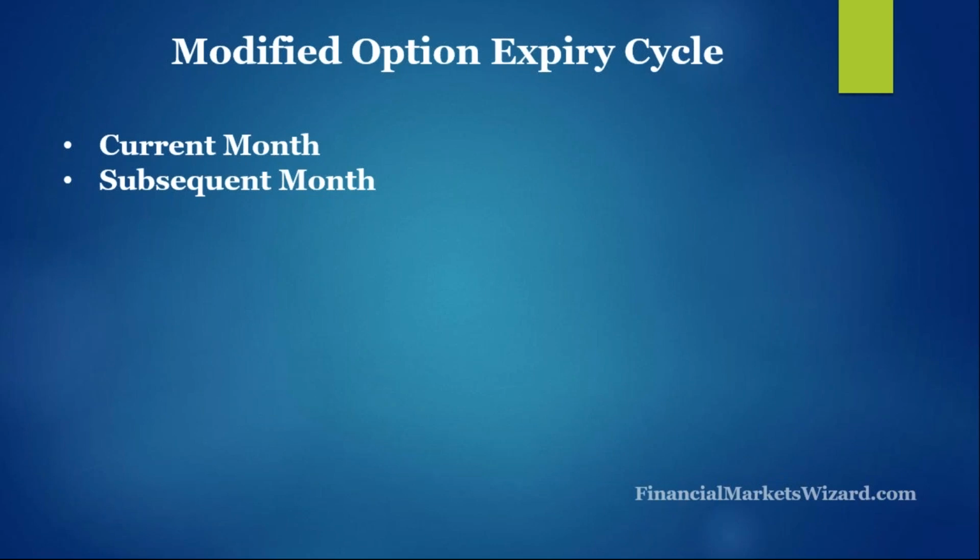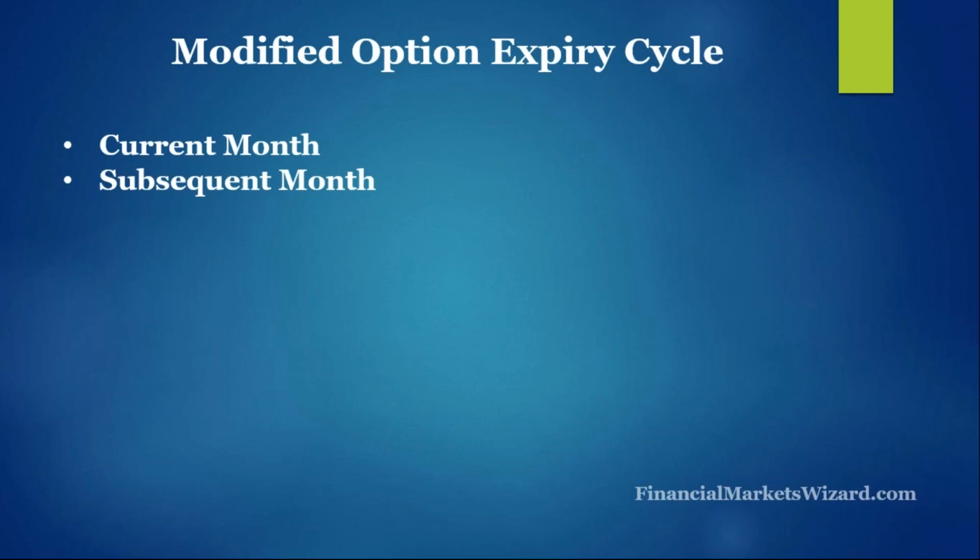So there are 4 months. Out of the 4 months, 2 months are the current month and subsequent month, for example September and October. And then 2 months are added from the cycle which is assigned. If it's a January cycle, the stock will be added from the January cycle months. If it's assigned to a February cycle, then they will pick 2 months from the February cycle.